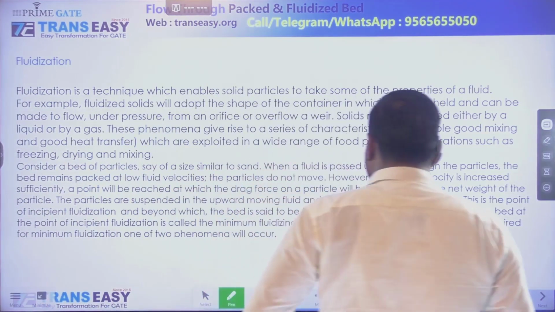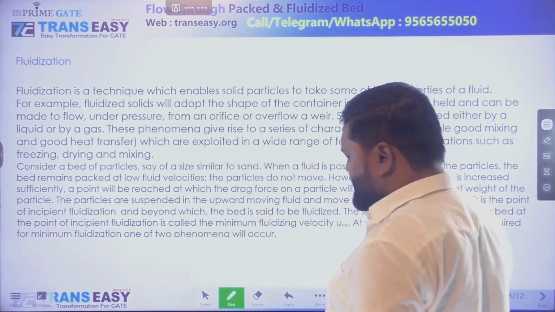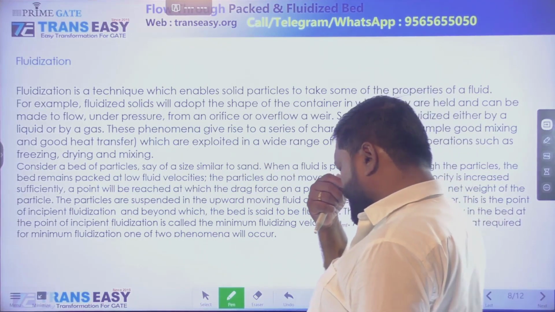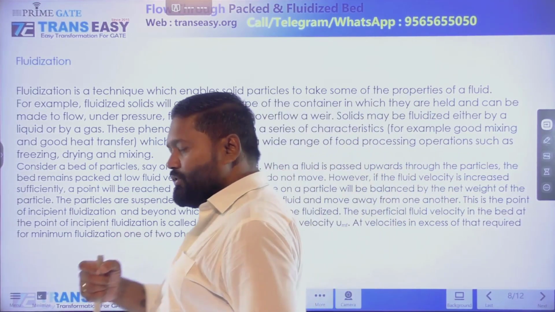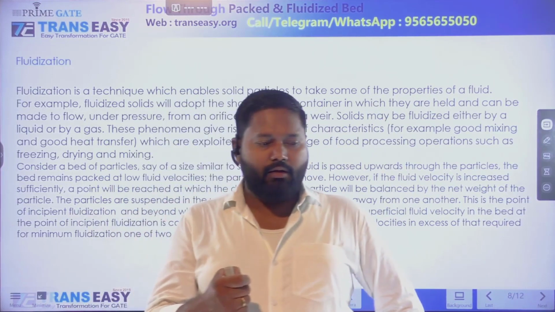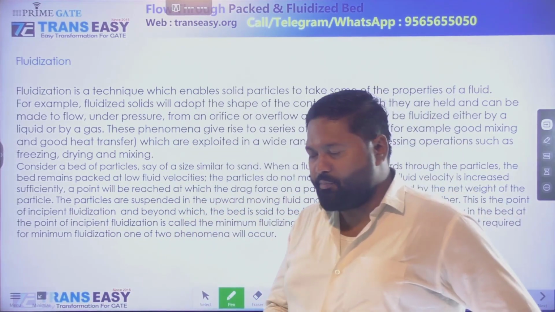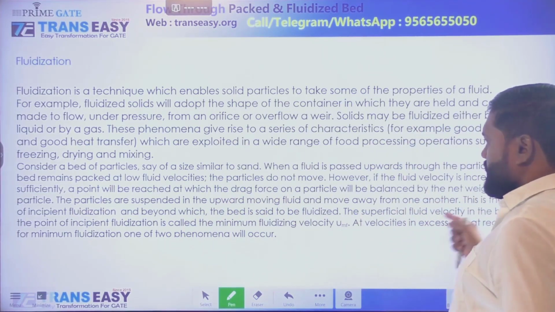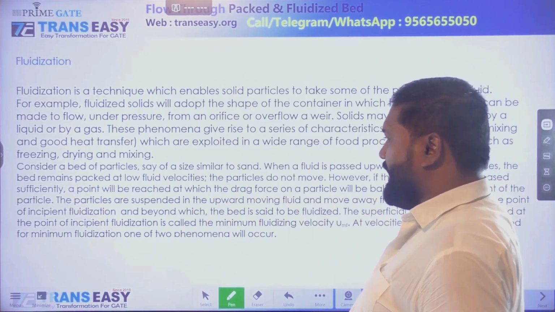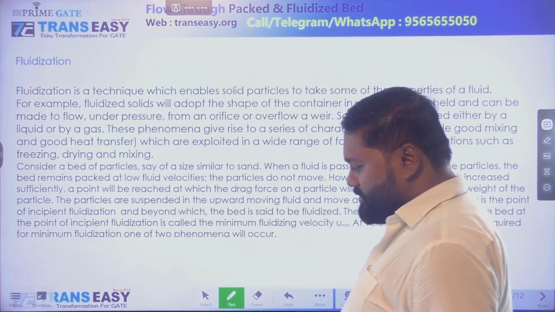When a fluid is passed upward through the particles, right, particles are kept in a container and fluid is passed through the packed bed in upward direction, the bed remains packed at low fluid velocity.